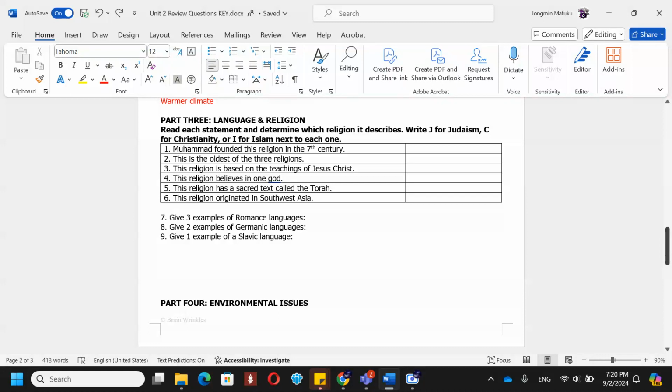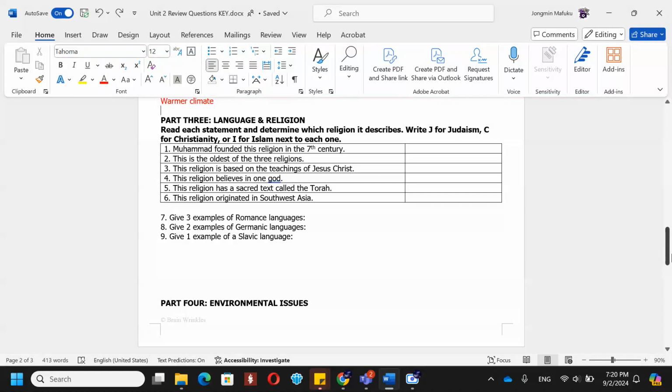Also, one thing to notice, all three religions stem from Judaism, whose father is Abraham. So make sure you know the father of those religions is Abraham.